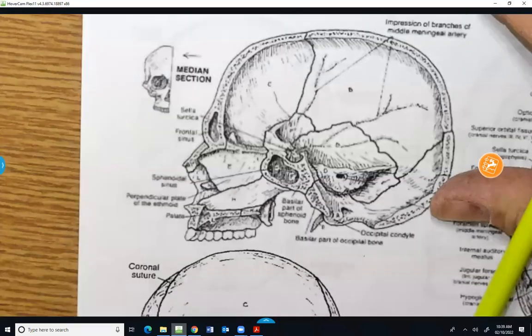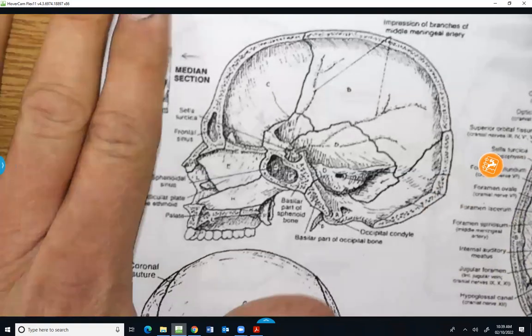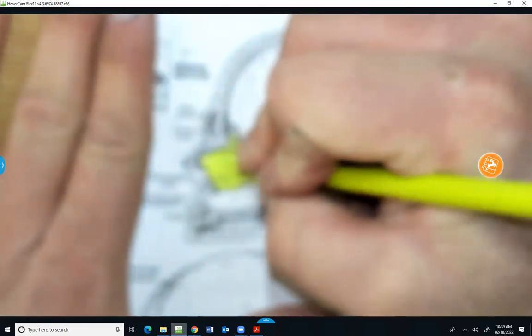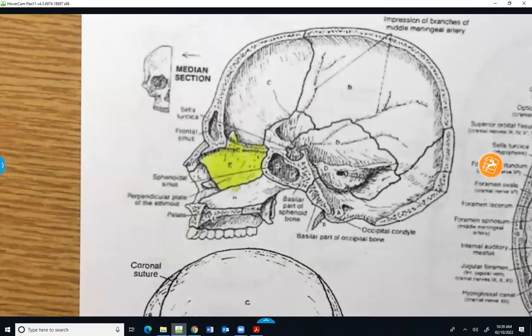It is called the ethmoid, and it is a sponge-like in appearance anterior cranial bone between the eyes, contributes to the medial wall of our orbit, eye socket, the roof and the walls of the nasal cavity, and the nasal septum. So it's not only associated with your nose, but it's also associated with your eye socket. Okay. Here's its location in our medial view.